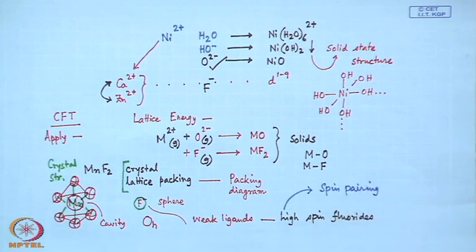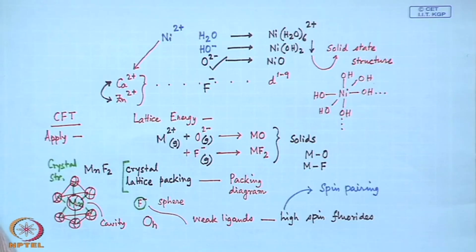So, when we get these values, we have a double humped curve, and we have to be able to justify this double humped curve, where we get these values for the corresponding transitions from calcium to manganese 2 plus to zinc 2 plus.